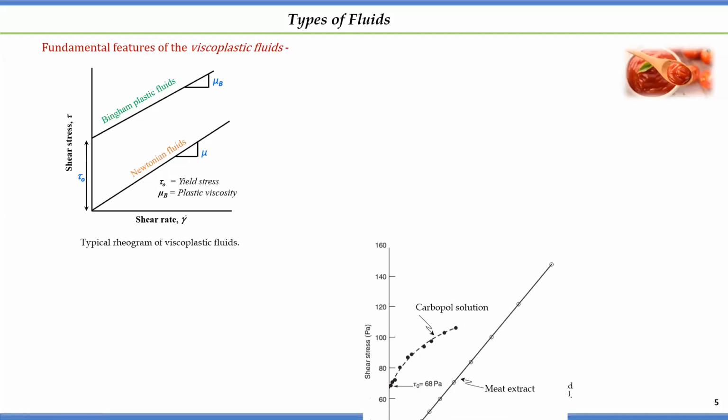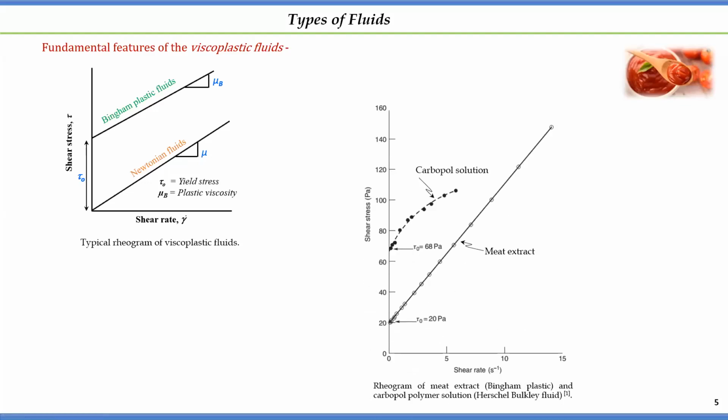In real life, we have examples of such materials. For example, meat extract starts flowing only once it overcomes a stress value of 20 Pascal. Similarly, Carbopol solution is also a viscoplastic fluid, but it follows nonlinear behavior on the rheogram, and we can see that it will not move until it overcomes this much yield stress value.